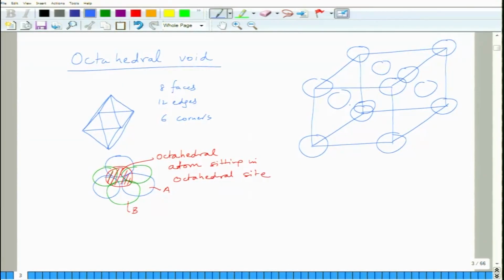Okay. The octahedral void in this case is made by connecting the atoms, one atom will be here as well.